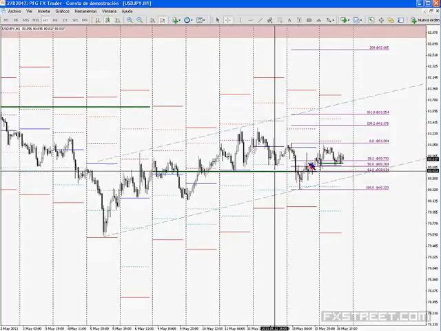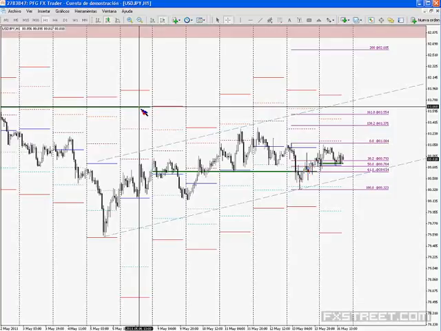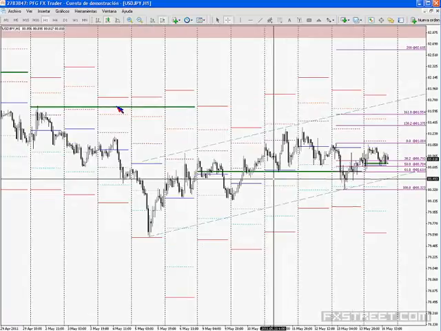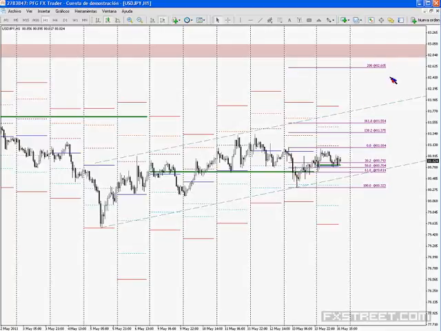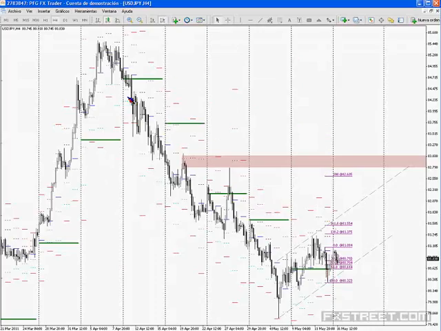This week's pivot level is slightly above. This was the pivot for 2 weeks ago. We had the pivot level from last week, just slightly below this week's pivot level. And as a major area to capitalize above the channel would be that area here.